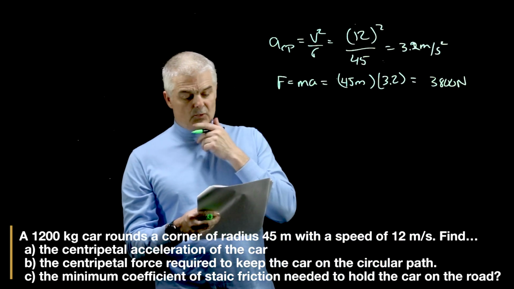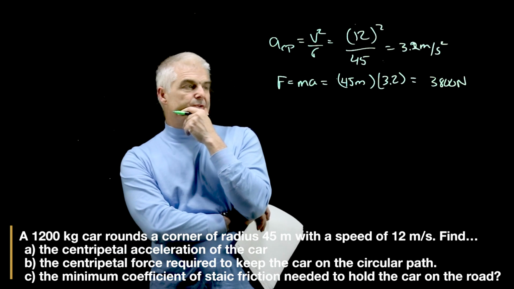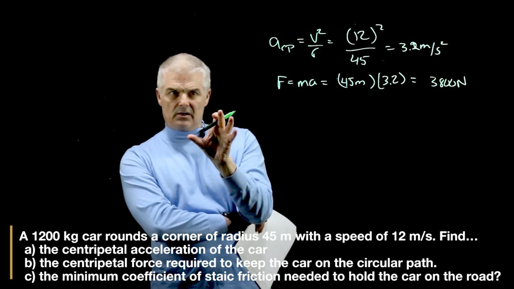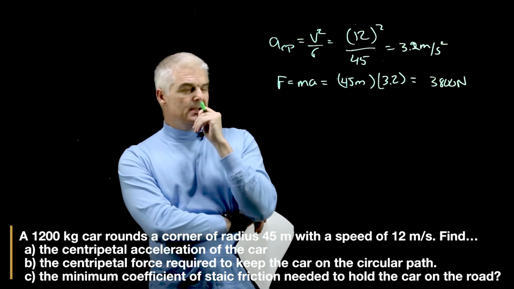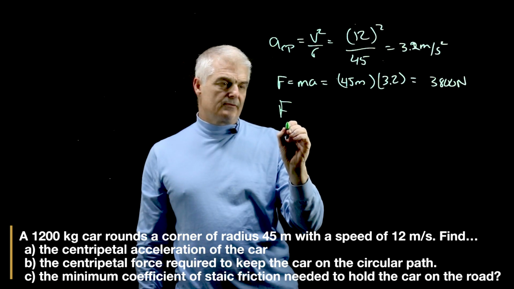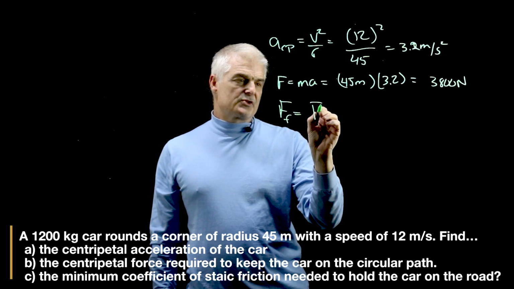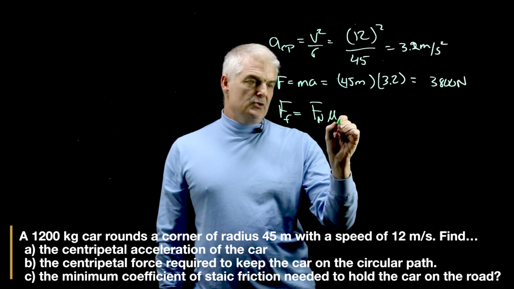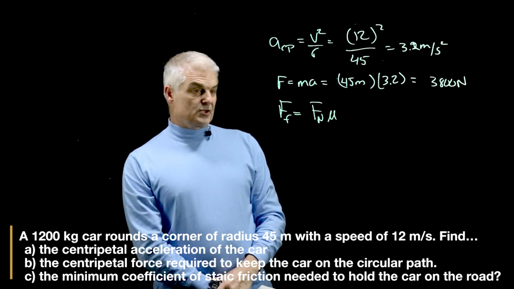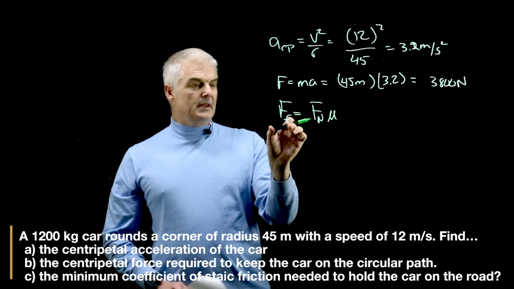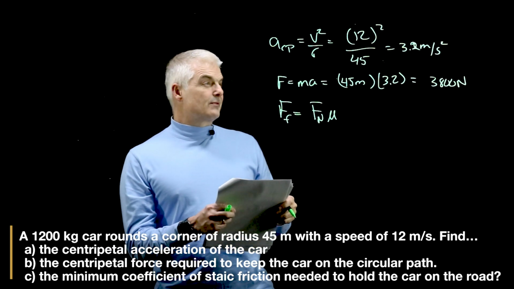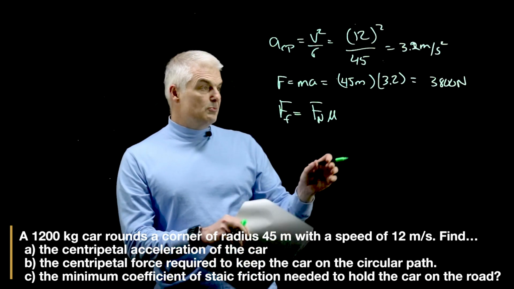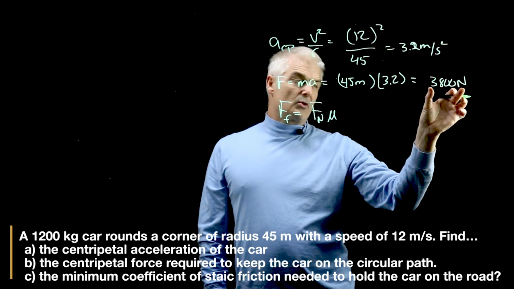And I think this next question: what's the minimum coefficient of static friction to hold that car on the corner? Now remember, the force of friction is equal to the normal force times mu, the coefficient of static friction. So the force of friction you must have is at least this much, or it's not going to hold.